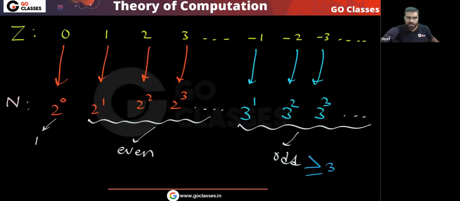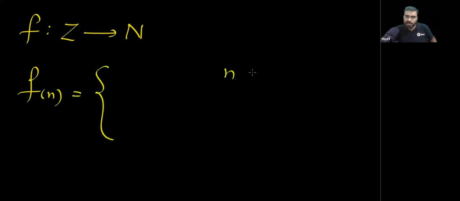So we have created this type of function from the integers to the set of natural numbers. If n is greater than or equal to 0, what was the image? The image was 2 power n. And if n is less than 0, what was the image?